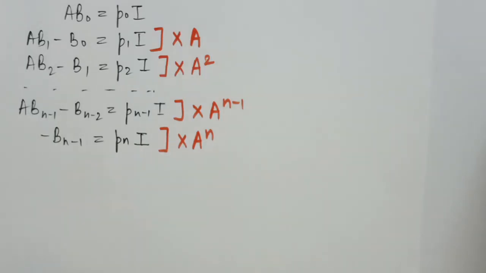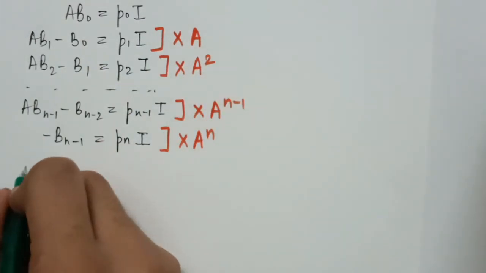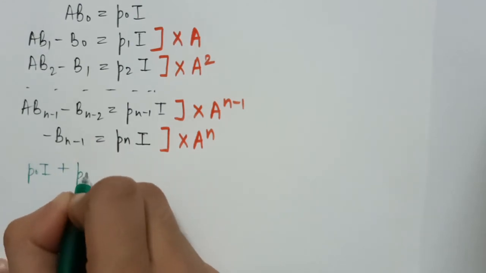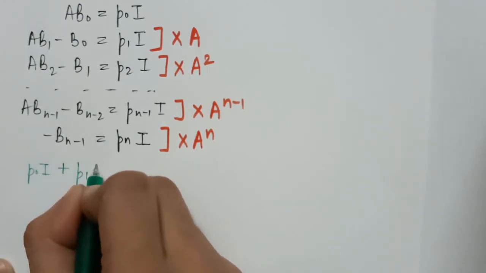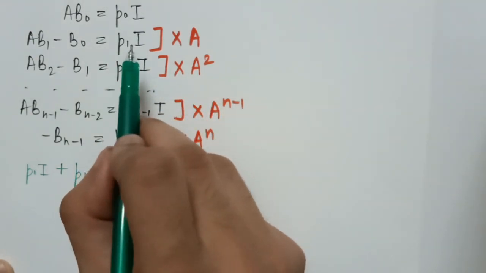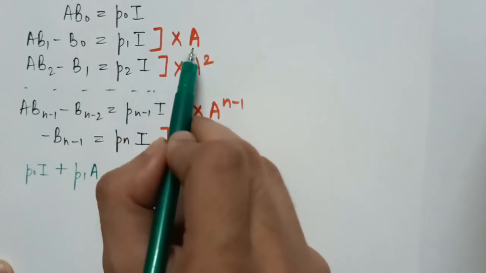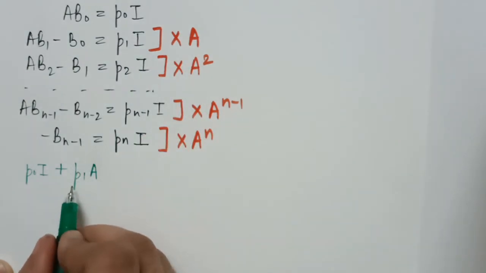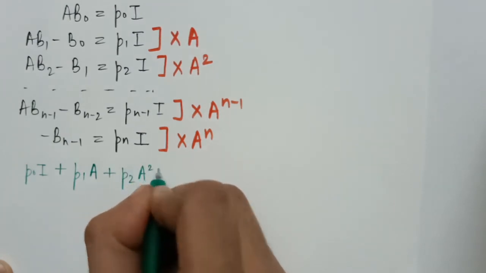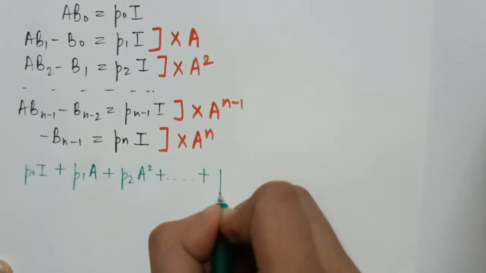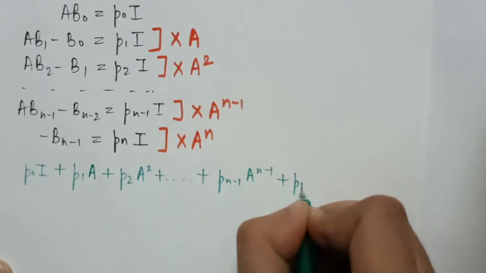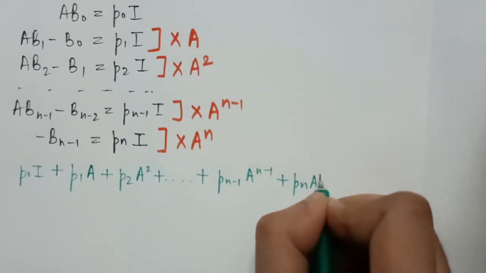I am first of all adding the right hand sides of these equations. We'll get P0 I plus P1 A, because it will be P1 into identity into A, and identity into A will be simply A. So I am simply writing P1 A, and then P2 A square, and then so on, P_{n-1} A^{n-1} plus P_n A^n.